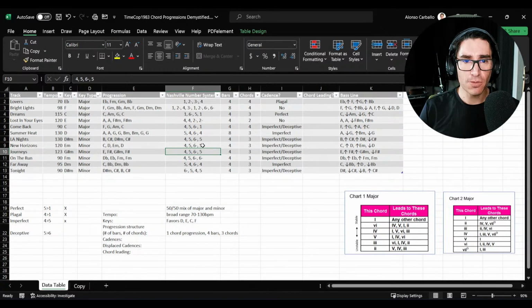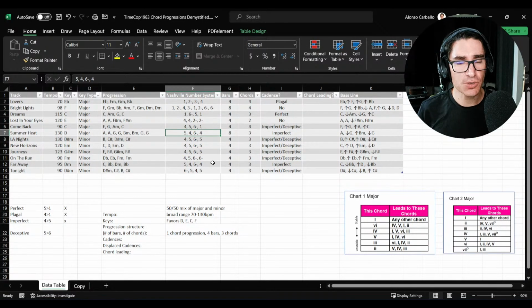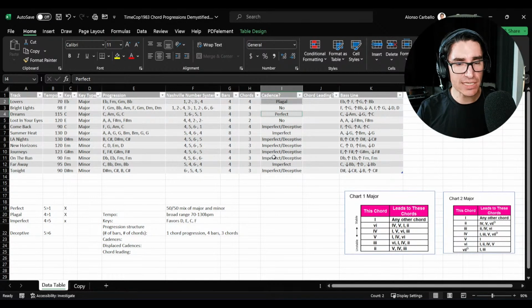And also from the, what was it, from the 4 to the 5? From the 4 to the 5, he also uses that a lot. So I wouldn't call these strictly cadences, except for the plagal and the perfect. But the others, it seems like he just likes that movement.